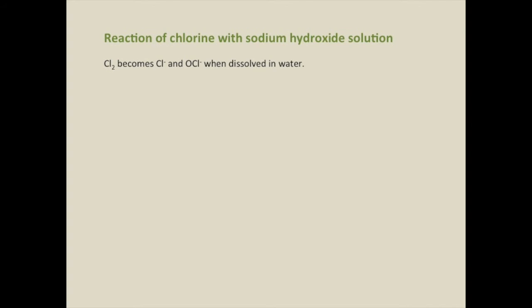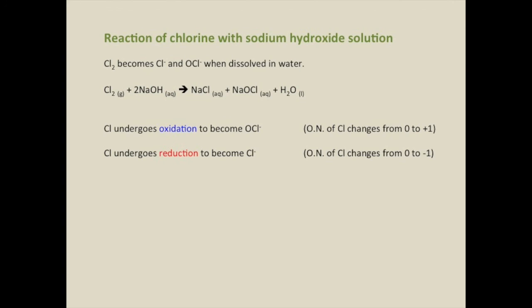Finally, we have a quick look at the reaction between chlorine and sodium hydroxide solution. Chlorine will become chloride ion Cl- and hypochlorite ion OCl- when dissolved in the solution, and the solution becomes from yellow-green to colorless. Here shows the equation.